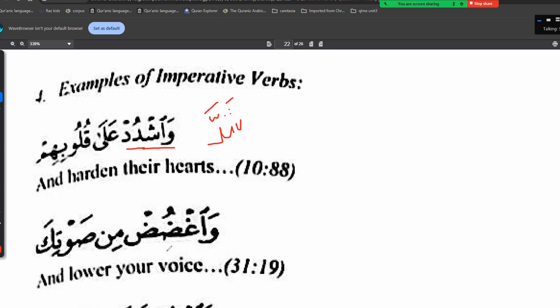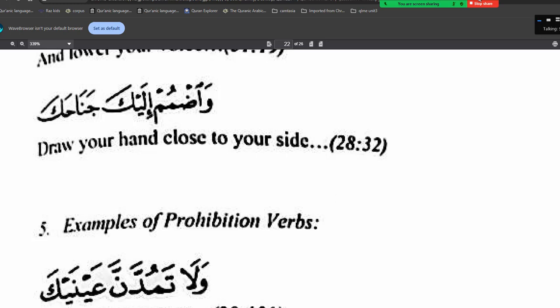Waghdud min sawtik. We already took this example. And lower your voice. Which is the word? Ghadda yaghuddu, it becomes ughdud. And we have wadhum ilayka janahak. Draw your hand close to your side. Wadhum, right? Dhamma yadummu, it becomes udmum.